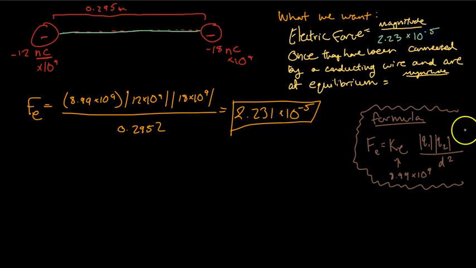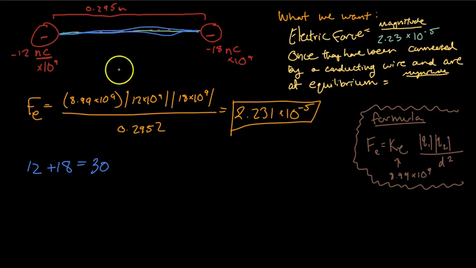And for the second part, when they're connected with a conducting wire, that means that their charges will equal out. So our total charge, we have the 12 charge, and then we have the 18. So in total, the amount of charge, not counting if it's positive or negative, we have 30.